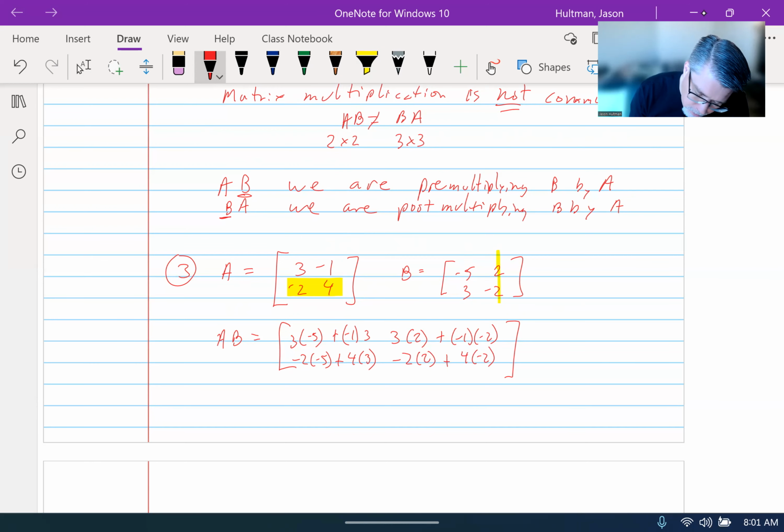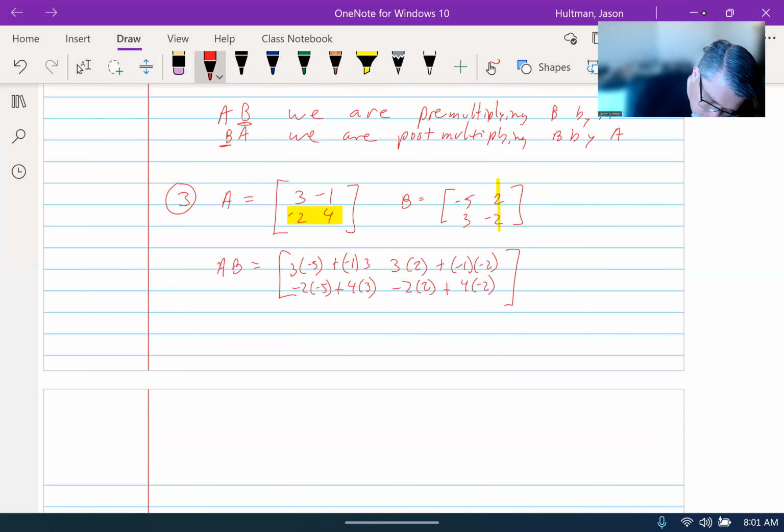Okay, let's multiply that together. This becomes -15 plus -3. -15 plus -3 is -18. So that equals -18. Okay, we can go over to the next entry. 3 times 2 plus -1 times 2.